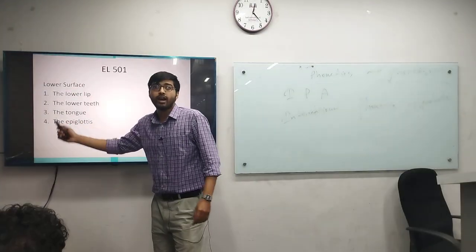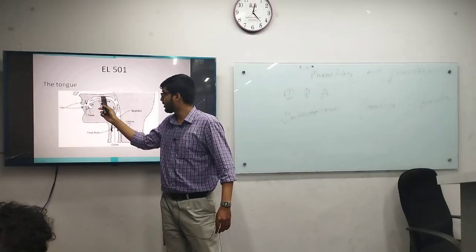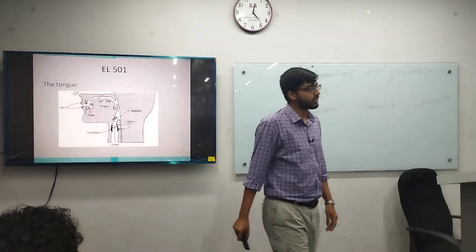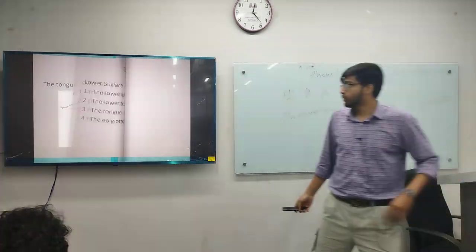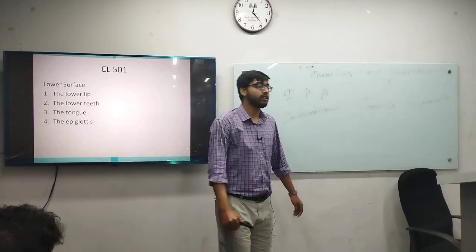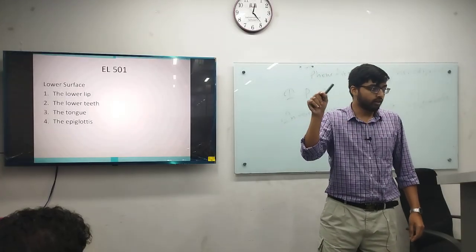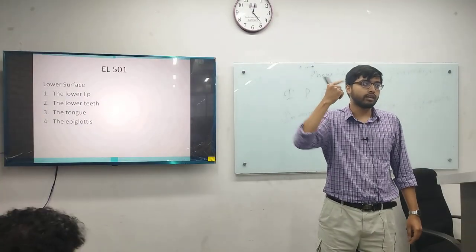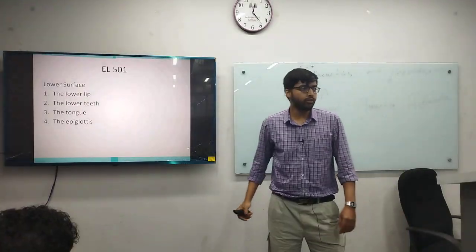Tongue also has 4 parts: tongue tip, tongue front, tongue blade, tongue root. Is that clear? So you have to write those things also. Though it is not written here, only the tongue, you have to write tongue, then tongue tip, tongue front, tongue back, tongue root. Is that clear?